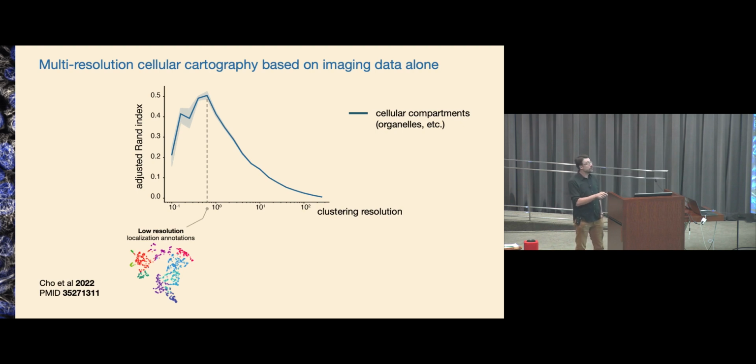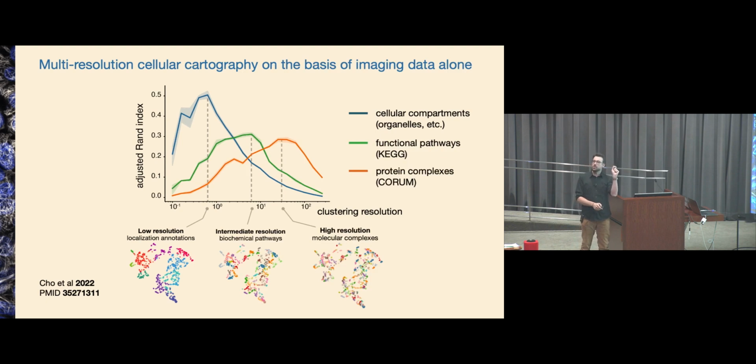And I'm just going to say that all the values here are really pretty high. So what the model is capable of doing in a completely data-driven way is to learn organelles at low resolution. Okay, that makes complete sense. I just showed you the images. What was really surprising to us, though, was that as we were increasing the resolution, we could identify with almost the same precision functional pathways all the way to protein complexes.